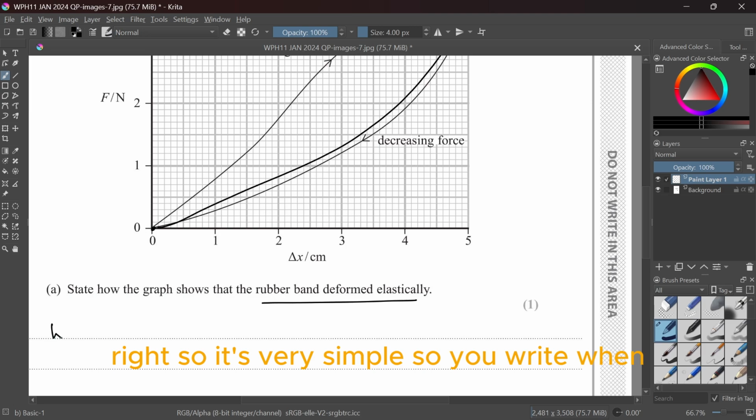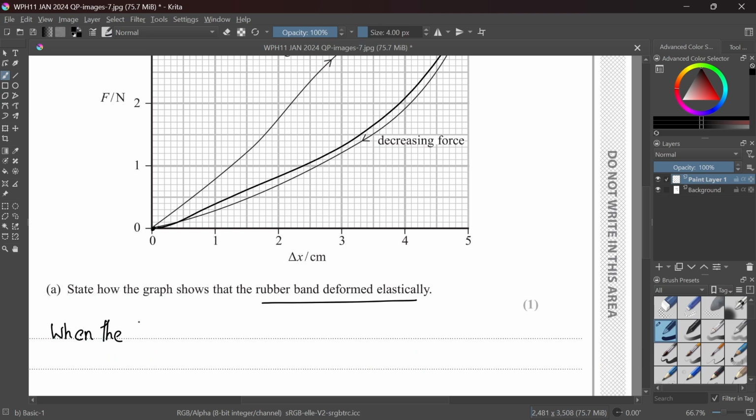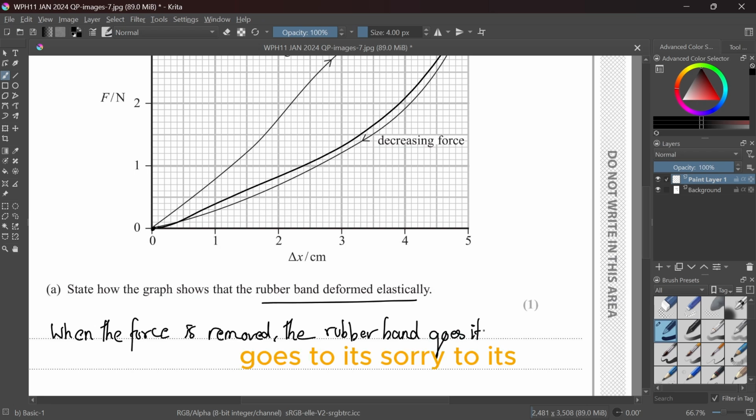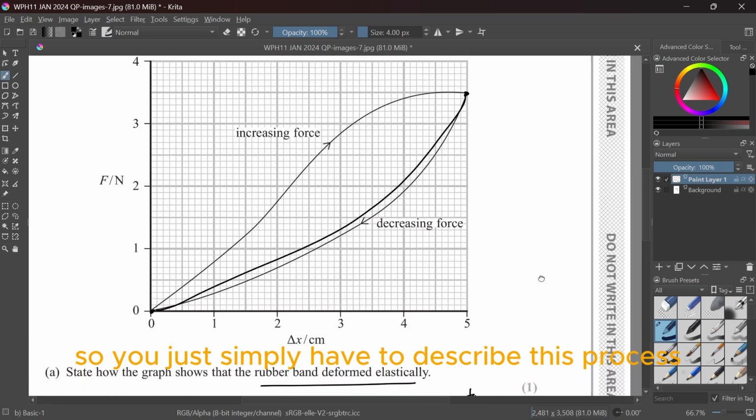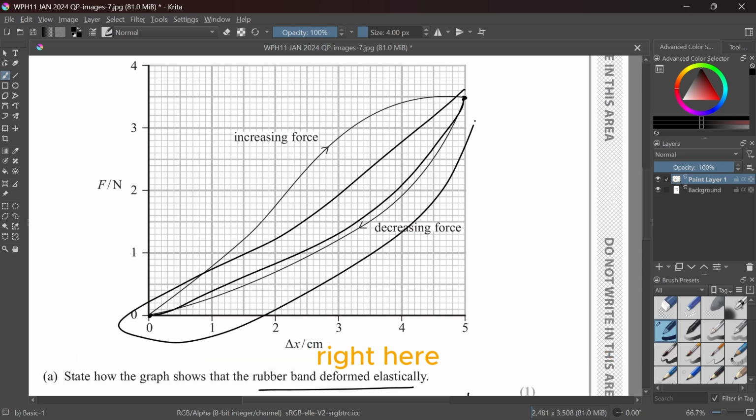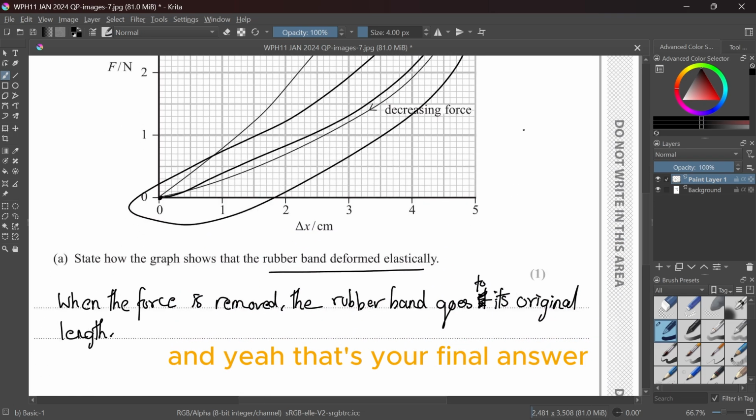You write: when the force is removed, the rubber band goes to its original length. So you just simply have to describe this process right here. And yeah, that's your final answer.